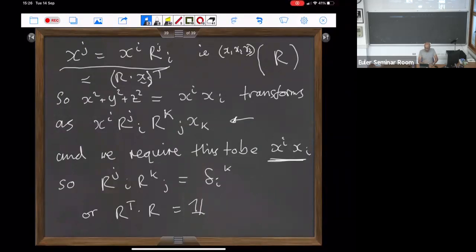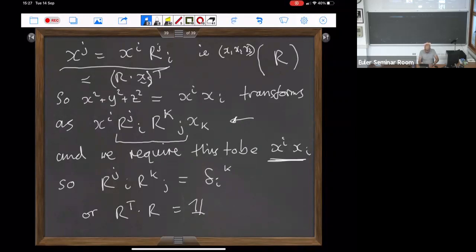And that means that this product of matrices in the middle, where you see the j label is summed over, and that's just matrix multiplication, is the product of the transpose of R with R. And the condition that we're looking for, that the sum of squares is invariant, is the condition that the transpose of R with R is the identity matrix.